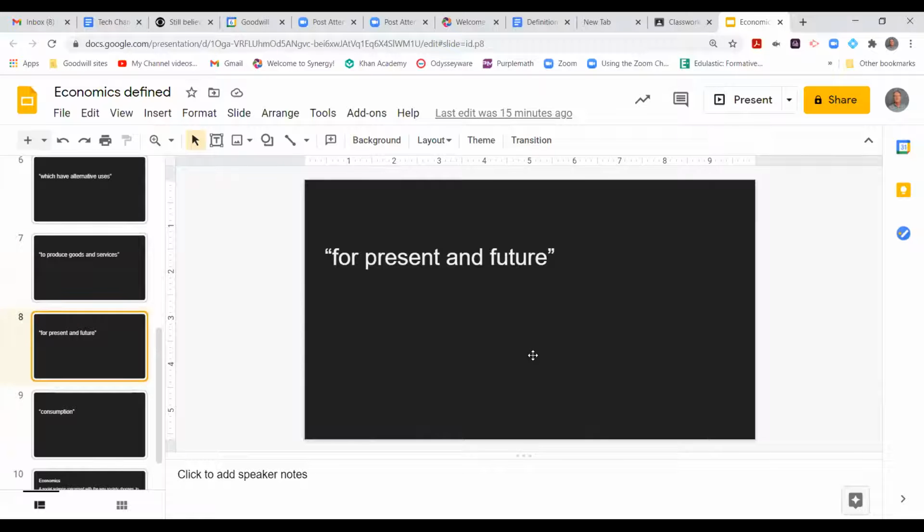The next part of this gets a little trickier. For present and future consumption. Okay. We need oil today and we need oil for the foreseeable future.